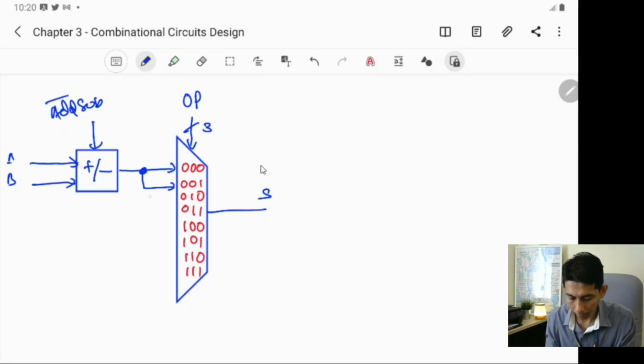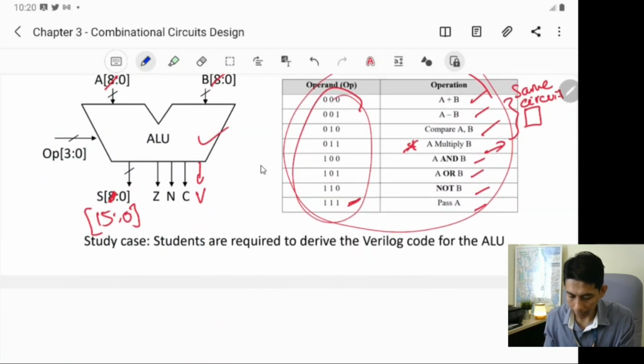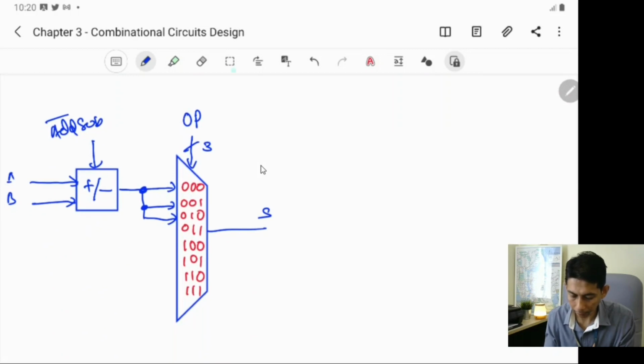All right, and also when 0 1 0, it is also the same, should be no problem. Use that one. And 0 1 1 is multiply, so you need to have another circuit, which is the multiplier.